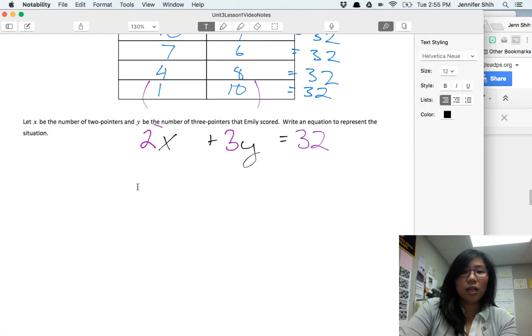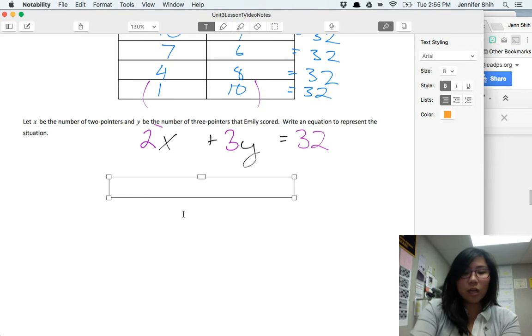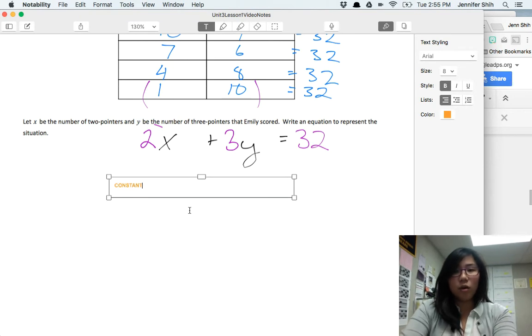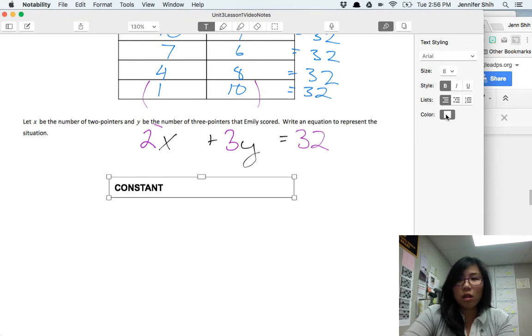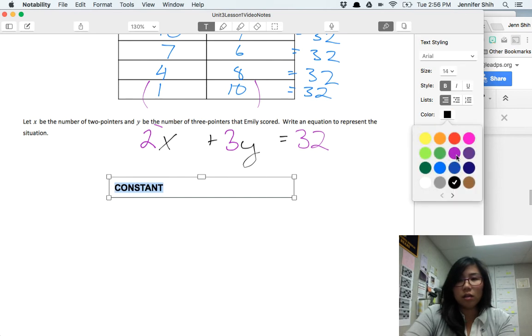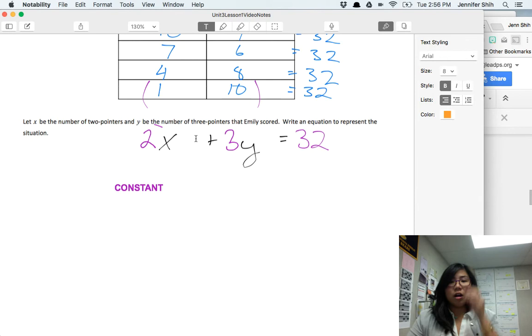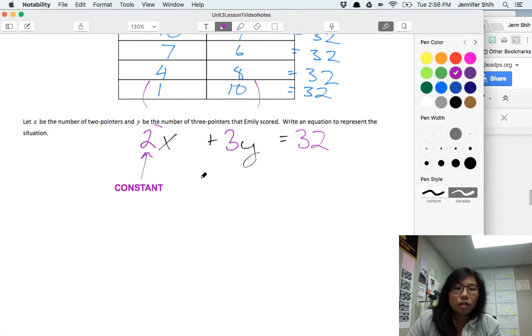The first one is what a constant is. Whoa, this is orange. Let's see if I can get it to be a different color, and bigger. Okay, constant. Now, this constant value, actually, I'm going to make this purple. We'll see why. Our constant values are these numbers here.